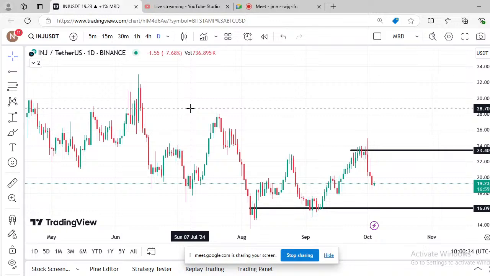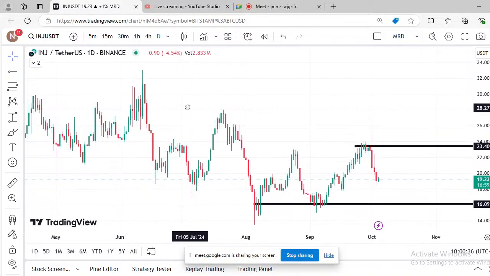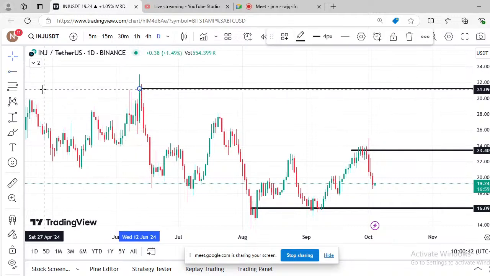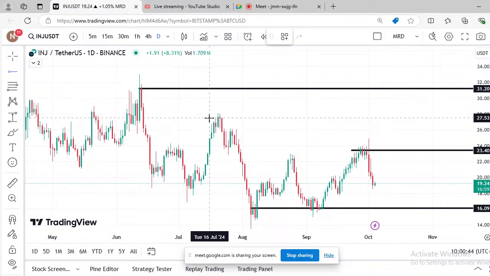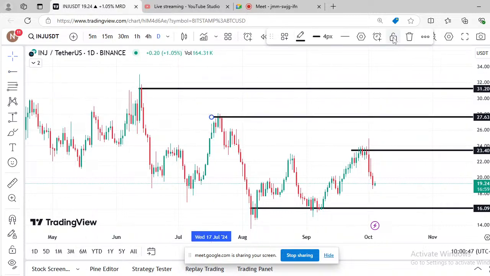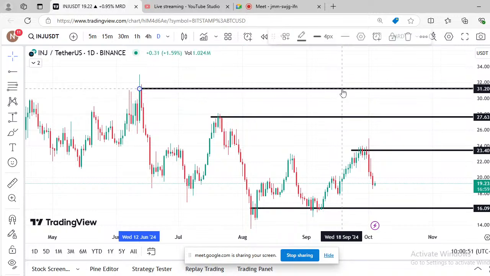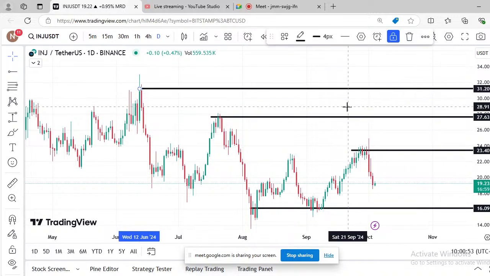Therefore, on 1 day, what are we looking at? We can look at these highs. We can consider this, and we can consider this. This is 1 day now. So we can look at these points as the major points or our main points.